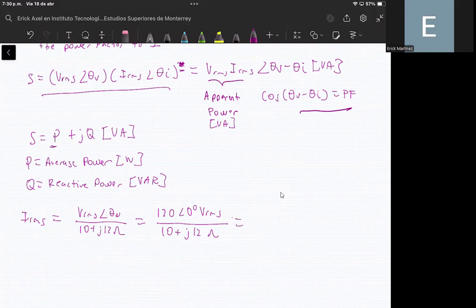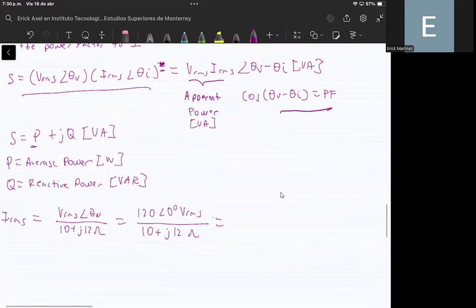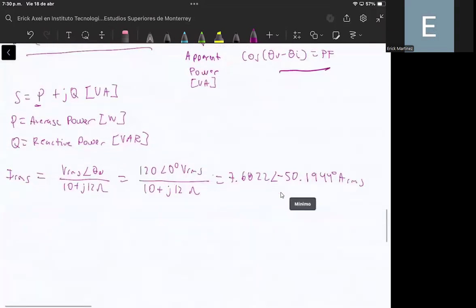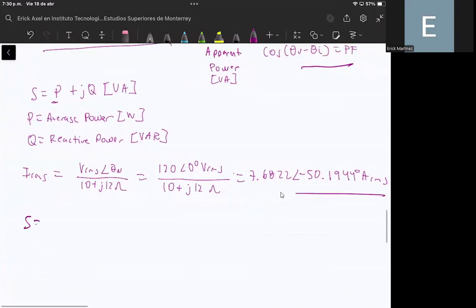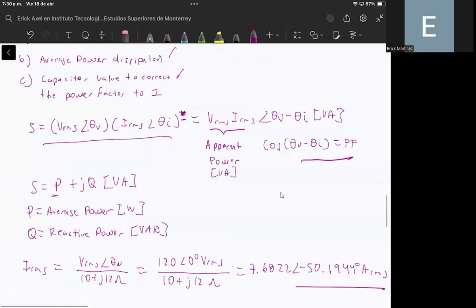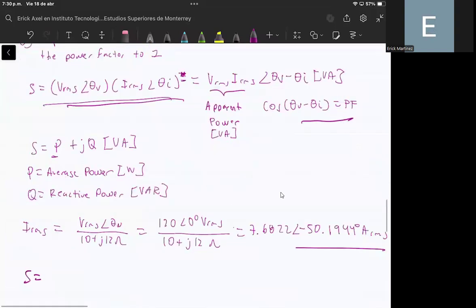And the result of this operation is equal to 7.6822 with an angle of minus 50.1944 degrees amperes RMS. So this is the current. Now we can use the definition of the complex power, the one that I placed in this section.